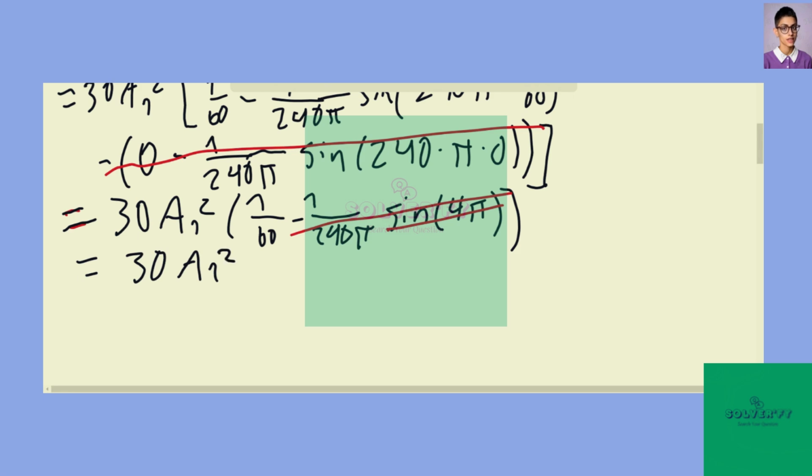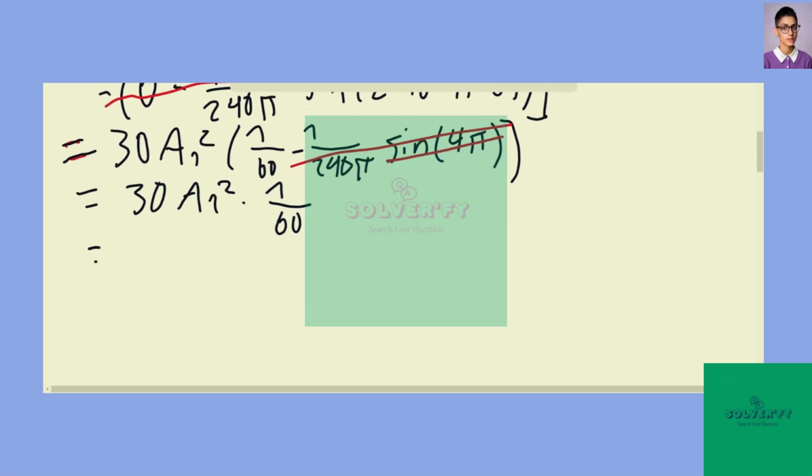squared, where a1 is 155 in this case, times 1 over 60. 30 over 60, that's half. So basically we have a1 squared over 2.